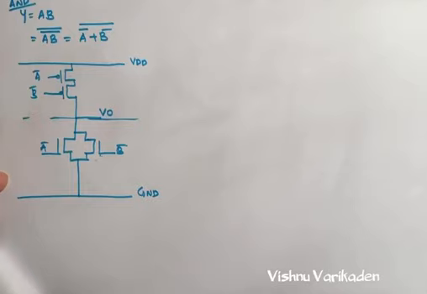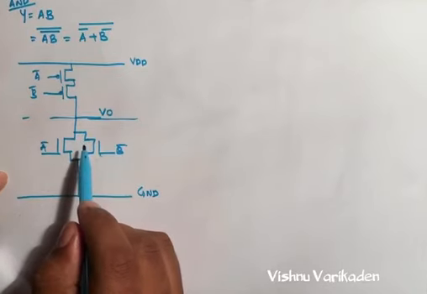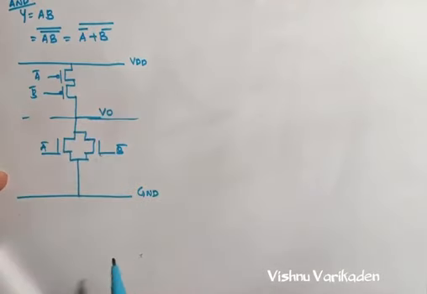Also we can make the circuit in another way. So how to make this circuit another way? Look into this circuit diagram. So this one is A bar plus B bar here.